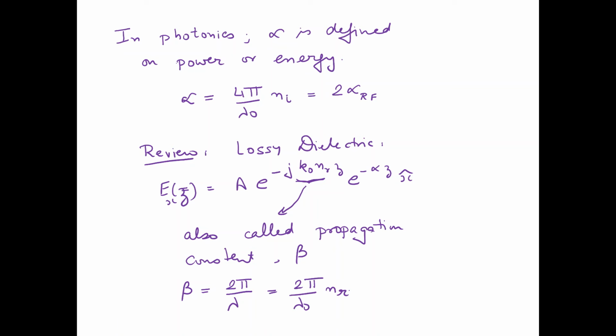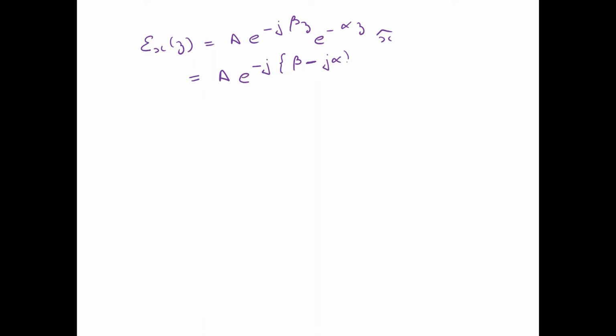But now if I take a look at this equation, E x z is A e to the minus j beta z, e to the minus alpha z, pointing in the x direction. I can write this as A e to the minus j (beta minus j alpha) z in the x direction.